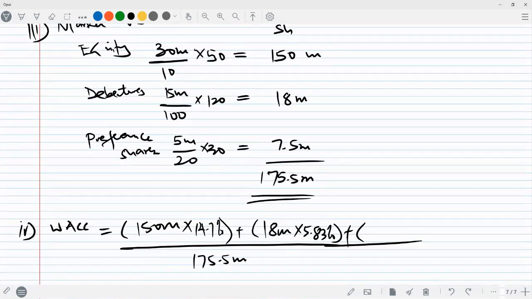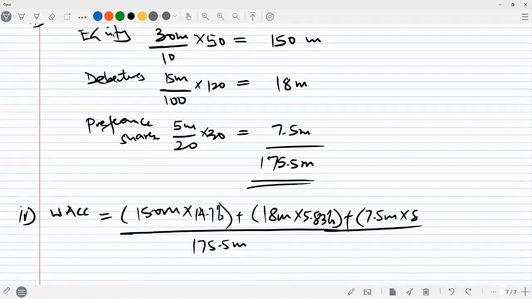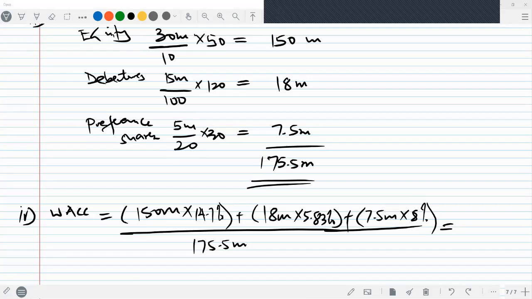Plus the weight of preference share, 7.5 million divided by 175.5, times the cost of preference share, which we got as 8%. That gives the weighted average cost of capital for the company, which is 13.5.